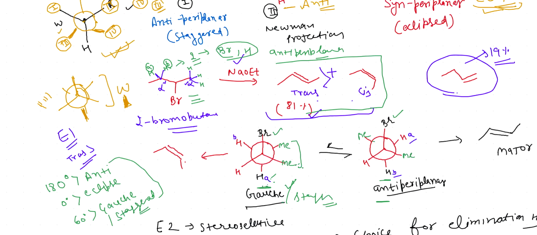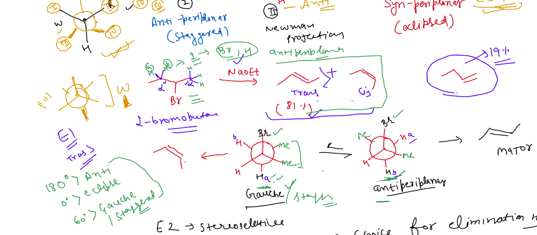And in this case, the proton B is abstracted. So due to the possibility of abstraction of two different protons, HA and HB, it led to formation of two configurations in which the hydrogen and bromine are present opposite to each other at the 180-degree angle.